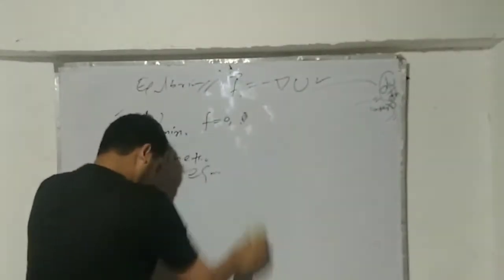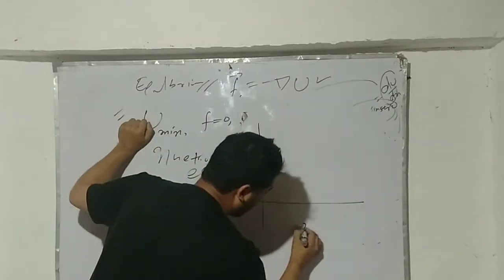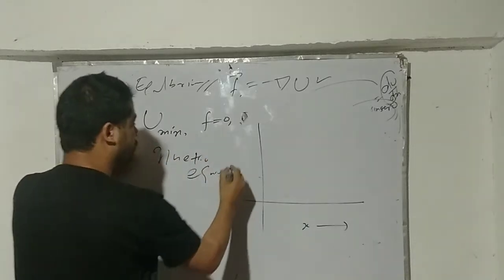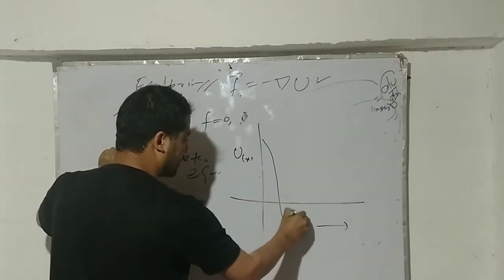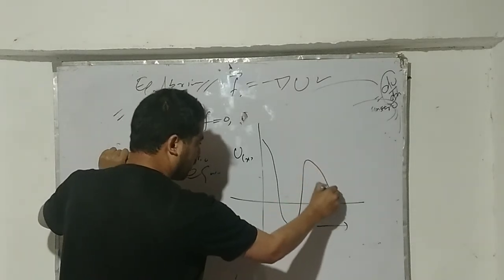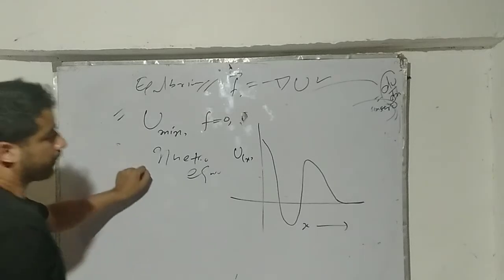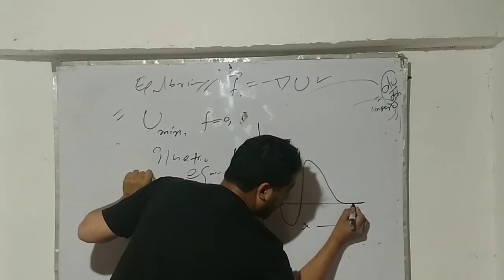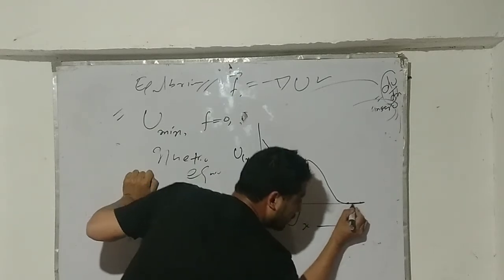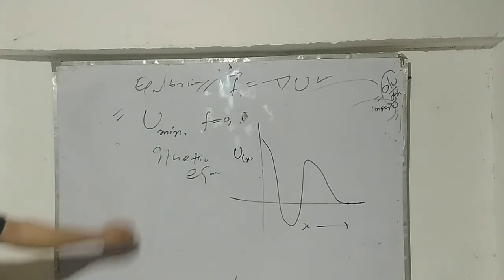First of all, let me look for the neutral equilibrium. A neutral equilibrium point is a point where the potential energy is flat on either side. If I go this way or this way, potential energy is going to be flat.